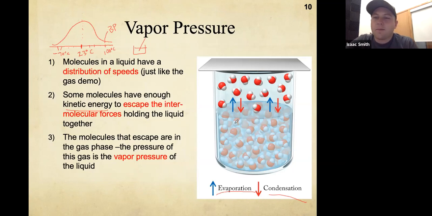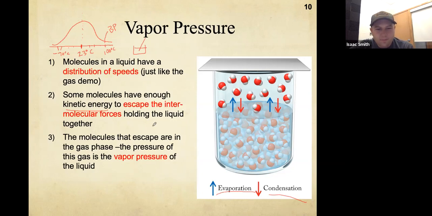So if you leave an open cup of water in your apartment or your house, technically it's not at the boiling point, so it wouldn't evaporate. But some of the water molecules will escape, and then some more will escape, and eventually you'll have all the water molecules boiling out.